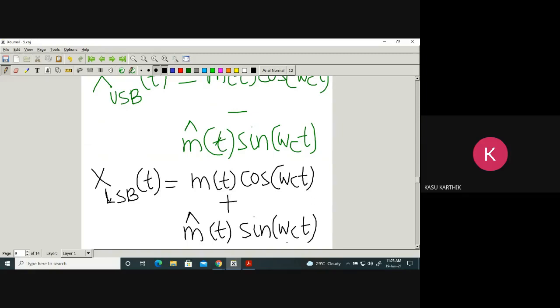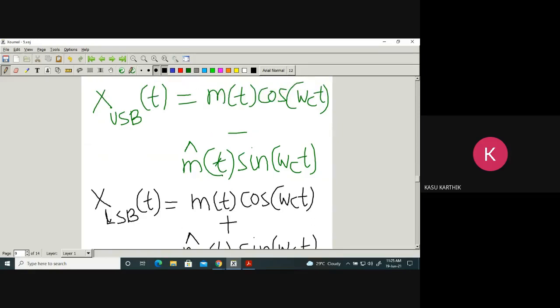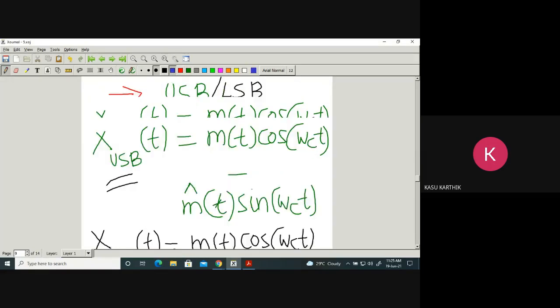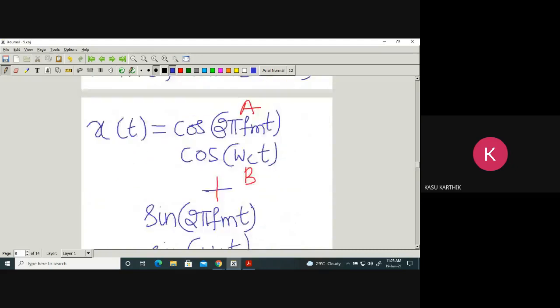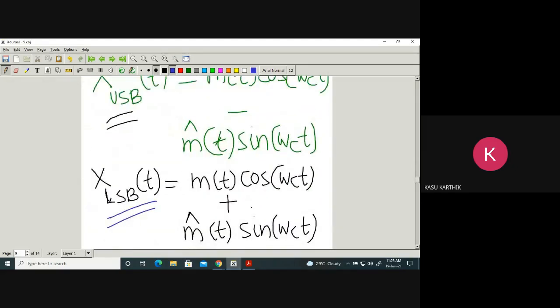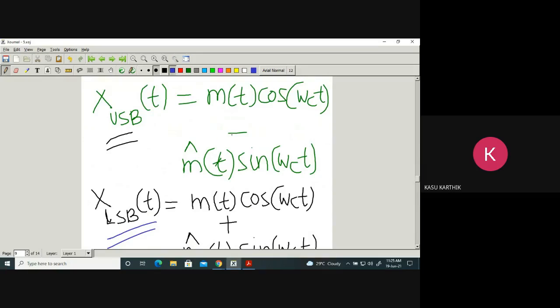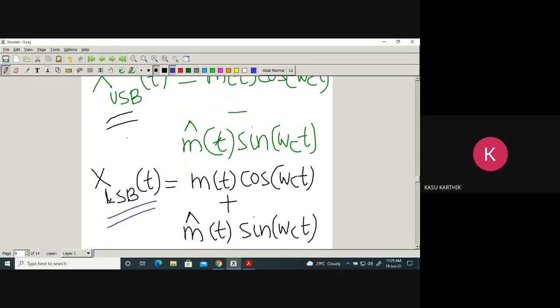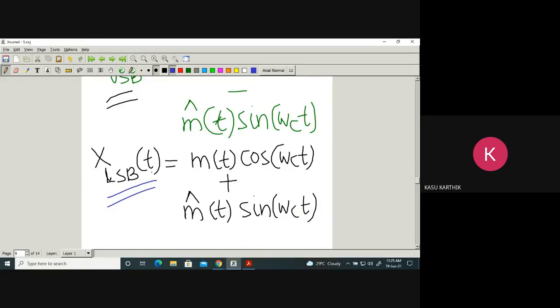These are the two equations of SSB. If you transmit the upper sideband, this is the equation. If you transmit the lower sideband, this is the equation. The only thing you must remember is the basic equation. If you keep minus here, you get the upper sideband. If you keep plus here, you get the lower sideband.